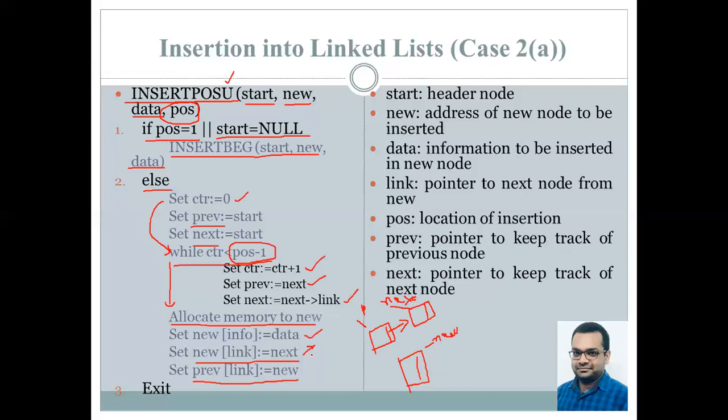So basically the idea is these two instructions enable us to perform the operation such that the value of the new's link part points over here to the next, and the value of the previous link part now points to the new. So in this case, this link will be broken and our new node will be inserted between the nodes previous and next like this.